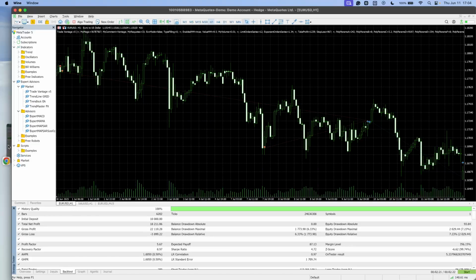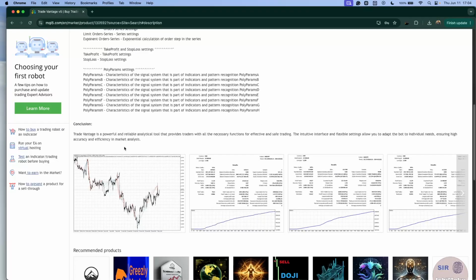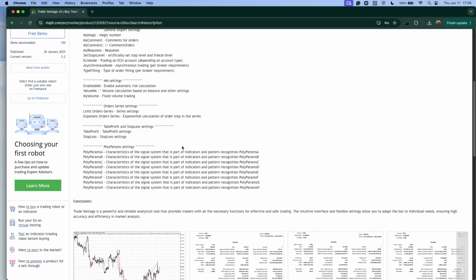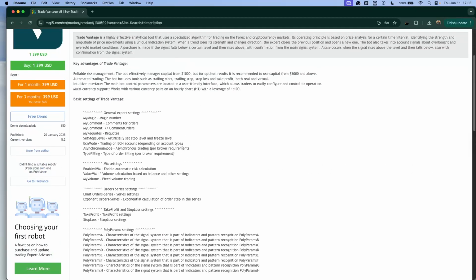But the nuance is that you should watch for ranging markets, where reversals can chop, and also potential slippage on series entries just like we saw. There's also the need to tune those polyparams, and the hidden risks include wider drawdowns during news or strong trends. Strong trends don't reverse cleanly and we know what happens from there.